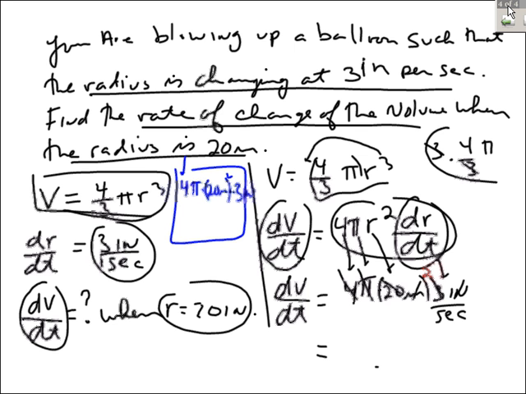Well, 4 times 3 is 12 times pi times that inch, times 20 squared is 400 times inch squared. Well, 12 times 4 is 48. Don't forget the 2 zeros. Times pi times inch squared, which is inch cubed.